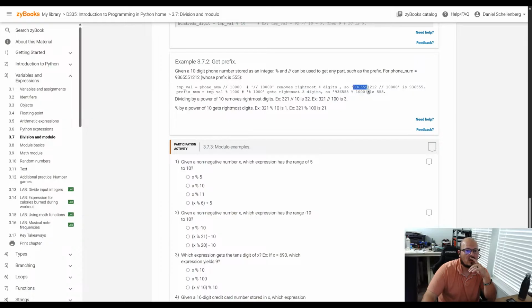So 9365551212 divided by 10,000 is 936555, dot, because it removes everything over here, correct? And then the prefix_num is tmp_val modulo 1000. Modulo 1000 gets the rightmost 3 digits, so 936555 modulo 1000 is the 555.